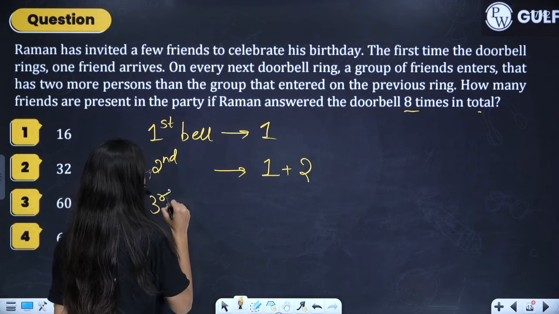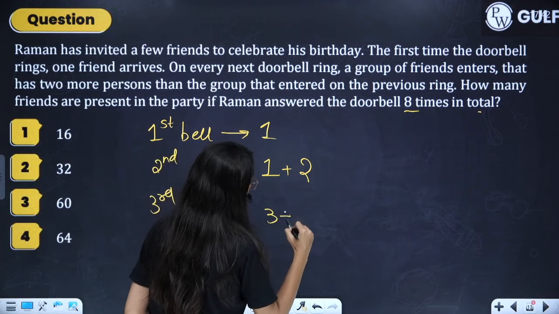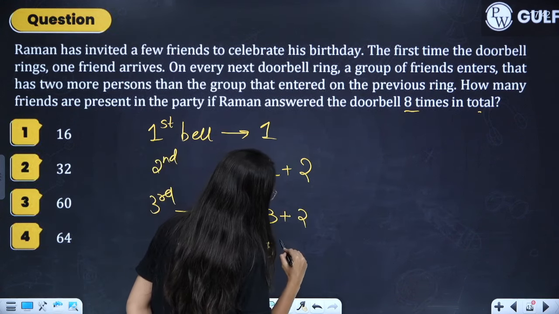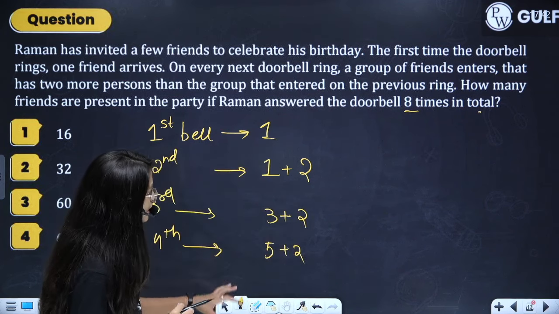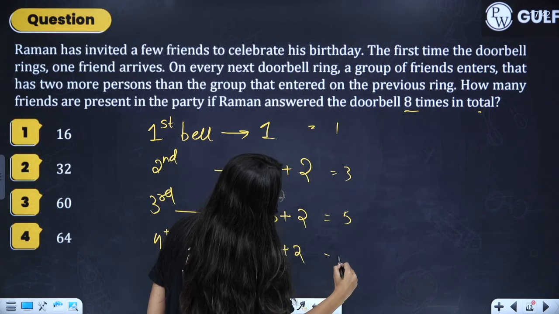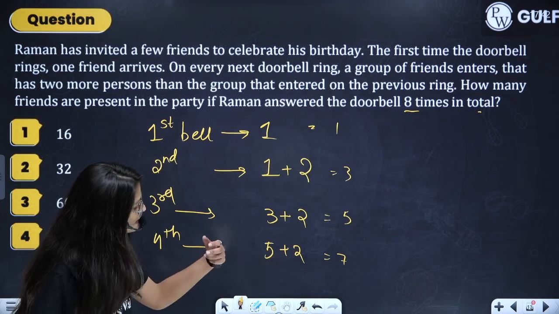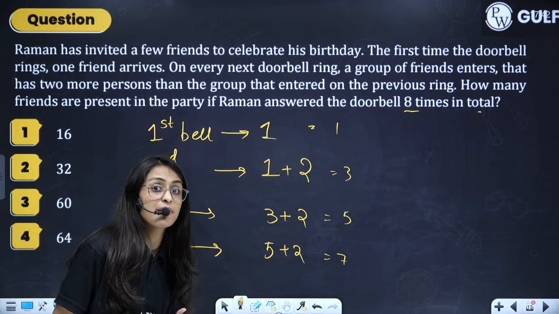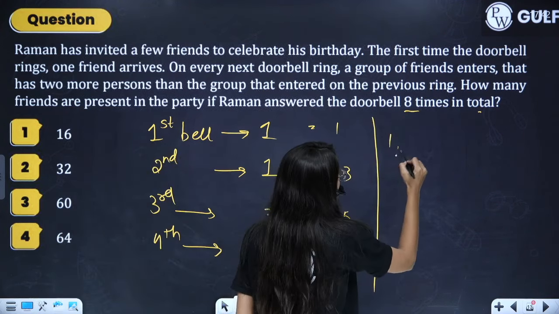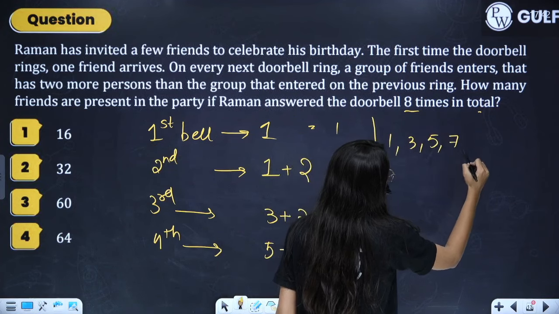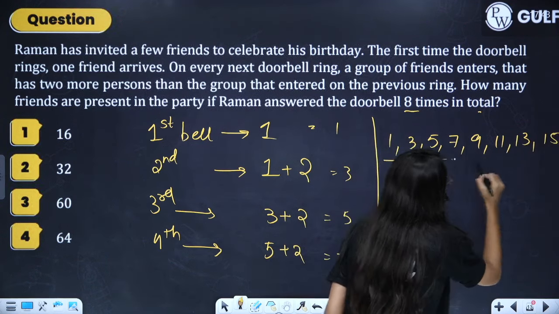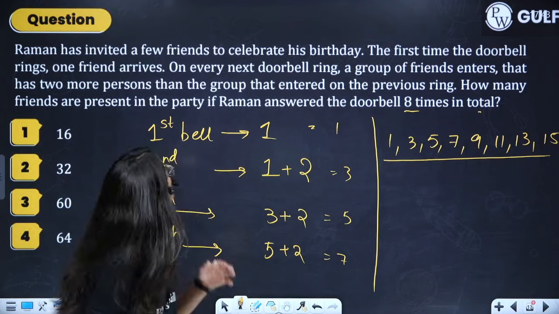So for the third bell, it would be 3, and for the fourth bell, it would be 5. I'm getting 1, 3, 5, 7. This is nothing but my odd number series, and this is repeated 8 times. This is the total number of friends coming to Raman's birthday party.